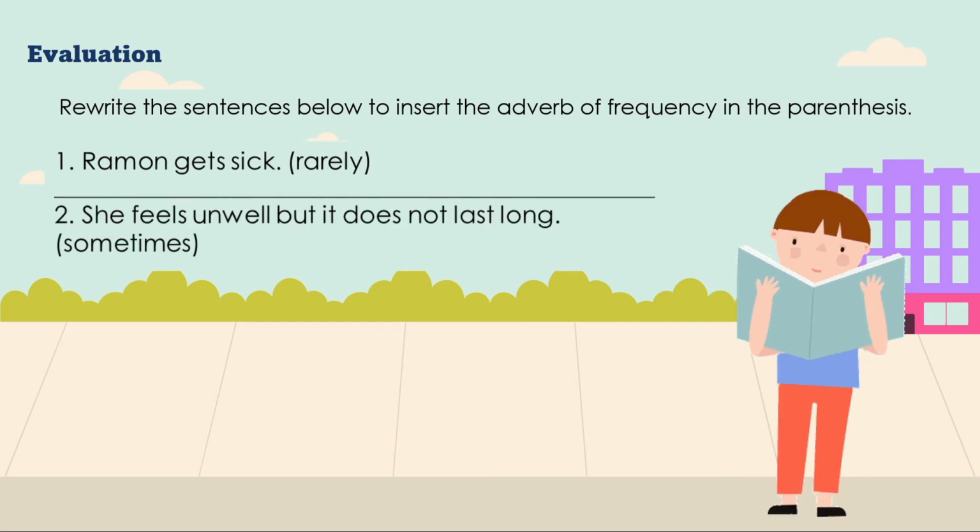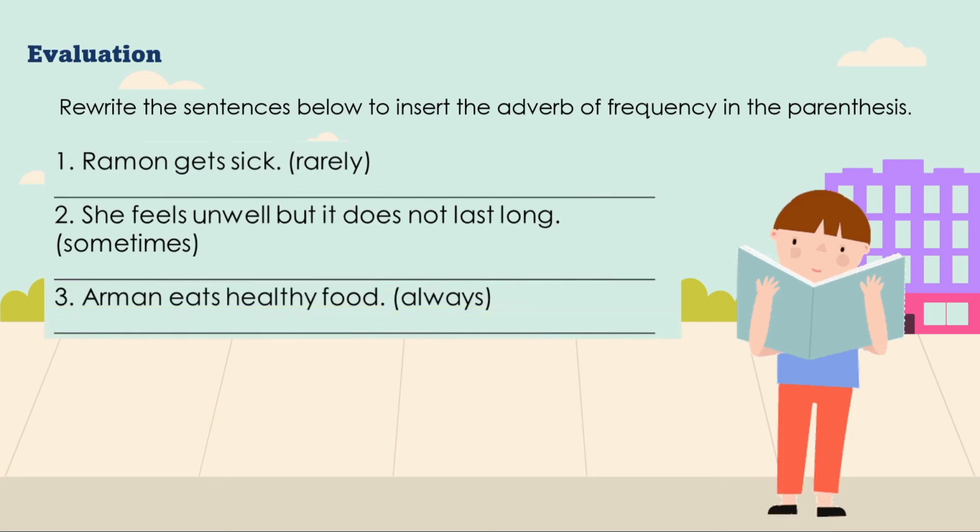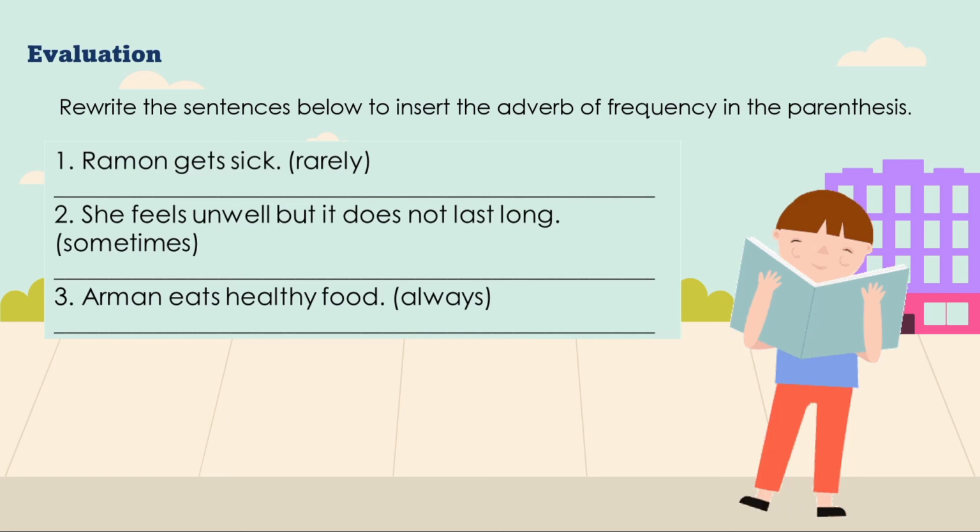How about number 2? She feels unwell but it does not last long. So the adverb of frequency you're going to use is sometimes. Okay. You have to look for the verb first. Then you insert the adverb of frequency. How about number 3? Arman eats healthy food. The adverb of frequency you're going to use is always.